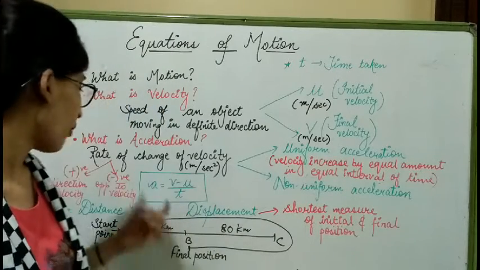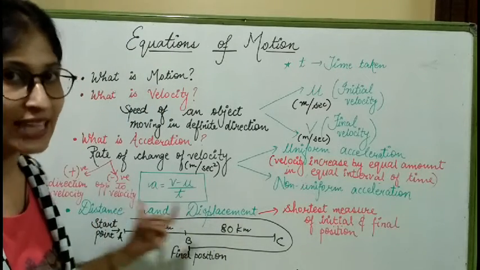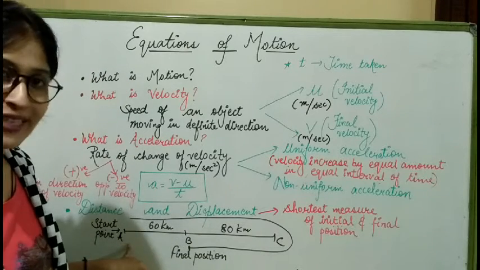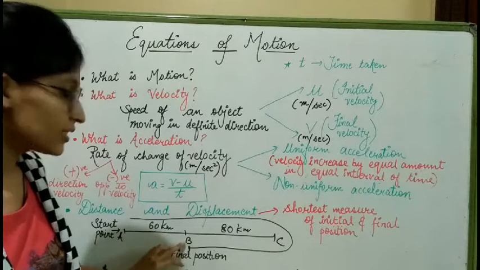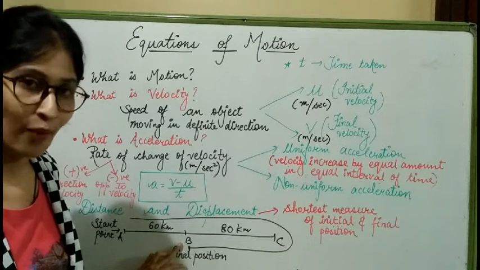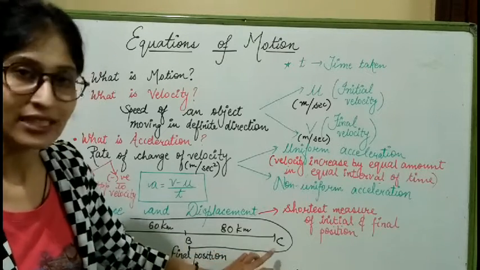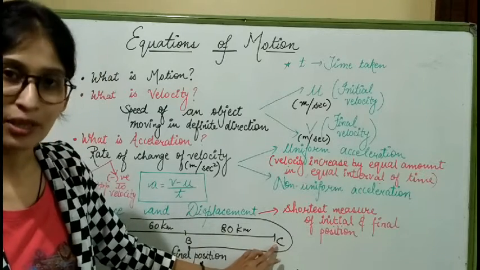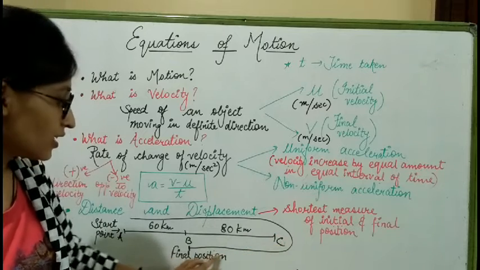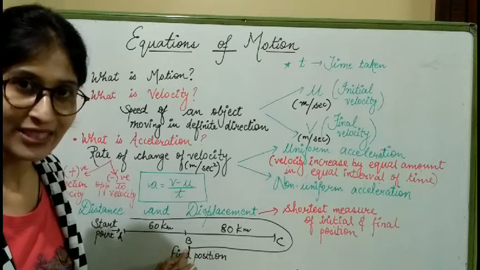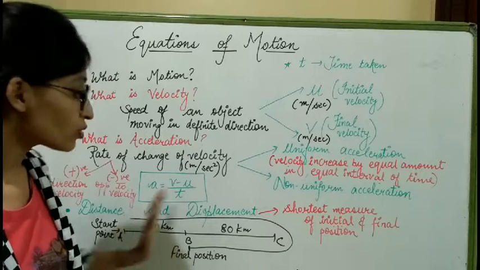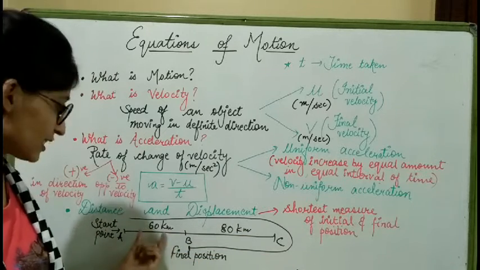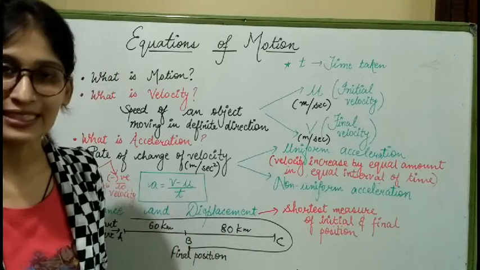Now the next important point is the difference between distance and displacement. Consider a car moving from a point A. It has covered 60 km and reached the point B. Next it covered another 80 km to reach the point C. And after reaching the point C, it has again started moving towards the point B. So in the course of this complete movement, it has covered a distance of 60 plus 80 plus 80.